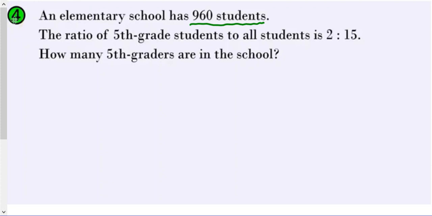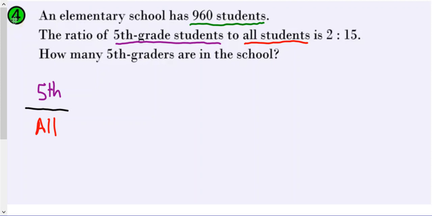And then the ratio that we were working in is 5th grade students to all students. So when we set up our proportion, we can say 5th grade, and that's going to be over all students. So this will be the way we set up our proportion, and now we can pull information from the word problem.